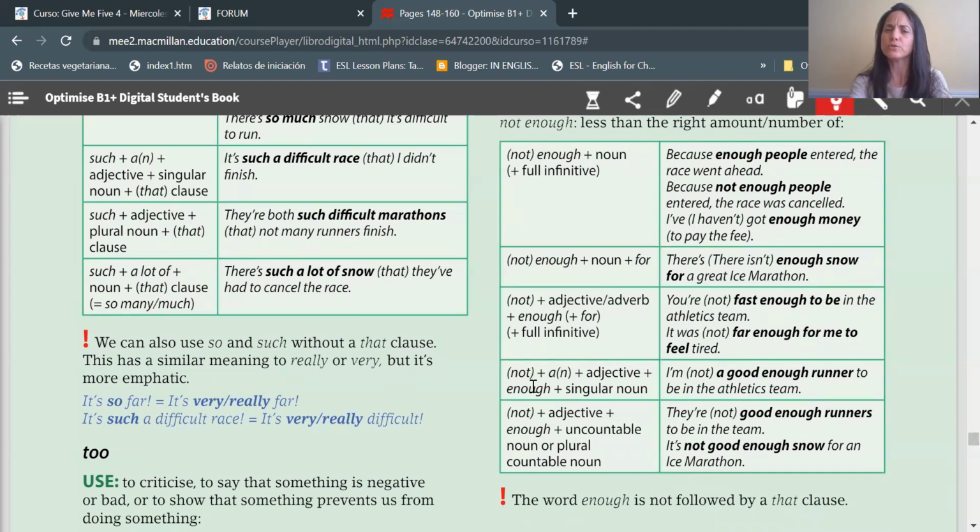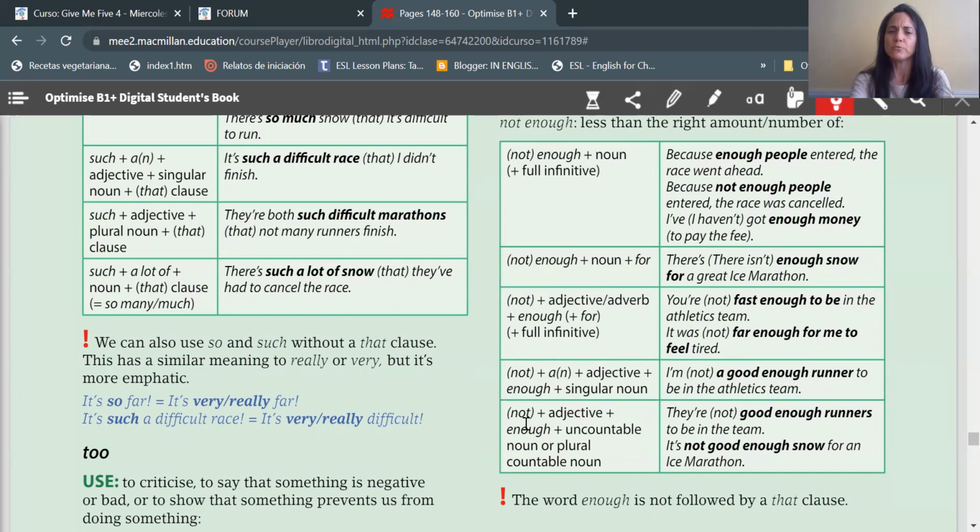The other structure, not plus a or an, plus an adjective, plus enough, plus a singular noun. I'm not a good enough runner to be in the athletics team. A plus adjective, good, plus enough, plus the noun runner. And then you can see that we continue with the to infinitive.